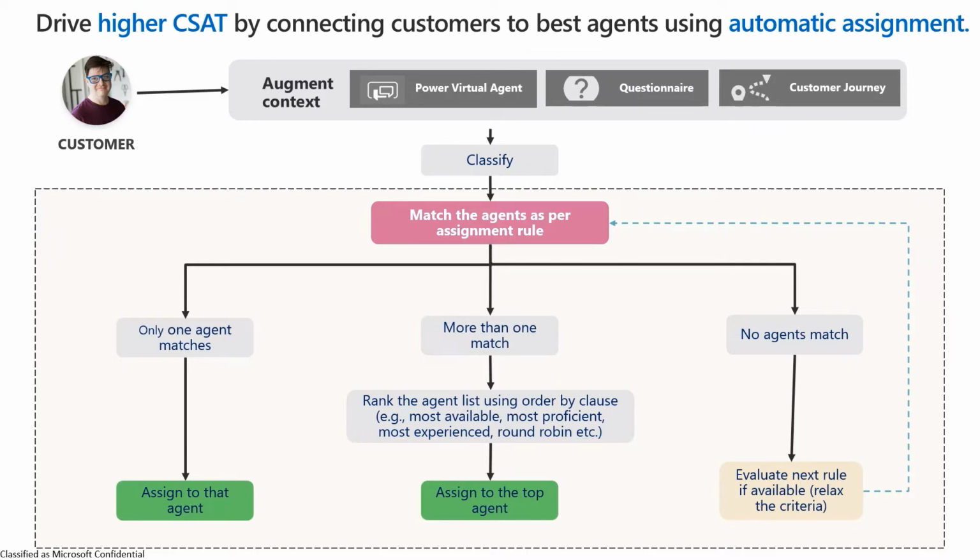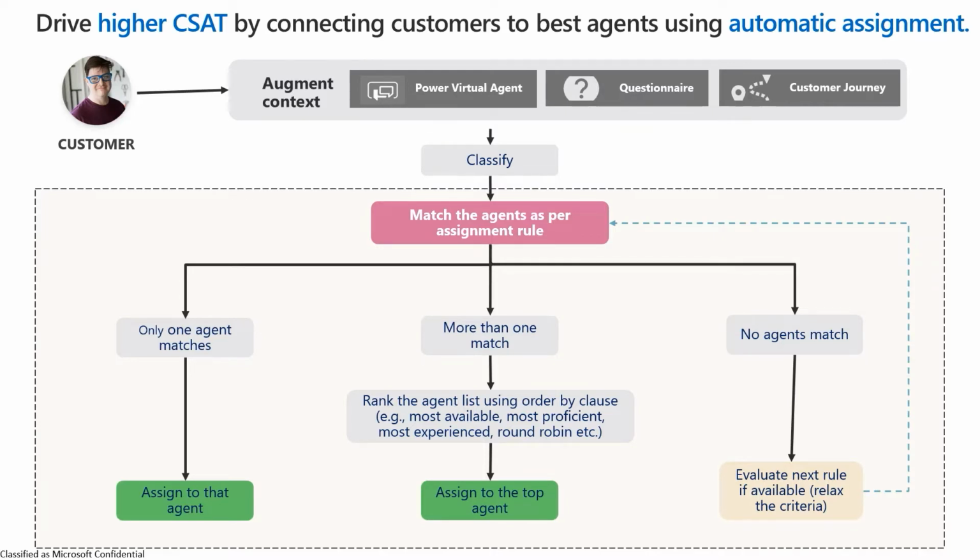Now let us look at what happens during the assignment. See, the best agent requirement can be expressed in terms of rules. At the end of the day, unified routing is a set of rules and ML models, right? So assignment rules are also rules. And those rules are evaluated to find the best matching agent or agents.